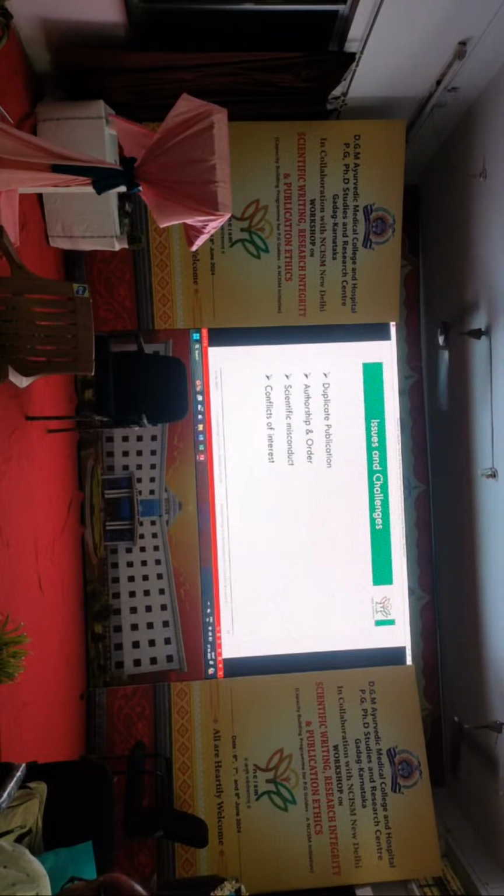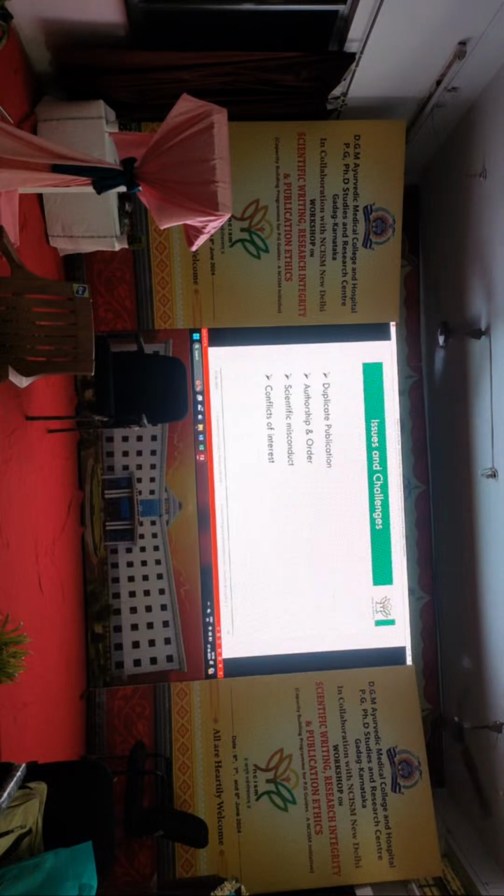Okay, so some authors, what they do, they publish their own print journal article in an online journal, because a print article cannot be searched easily. Na? So there was no online database, or online database cannot search the previously published printed article. So it is duplication of publication, isn't it?